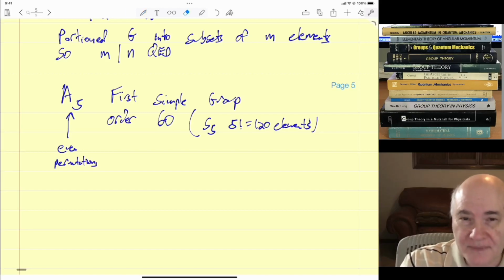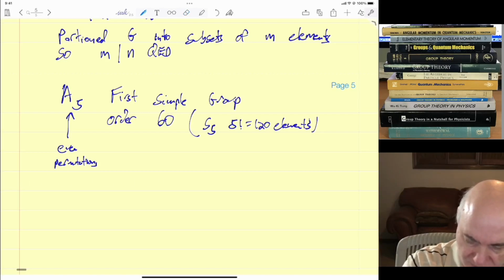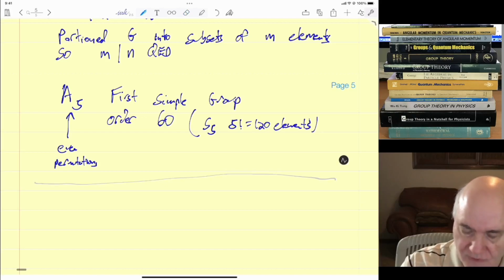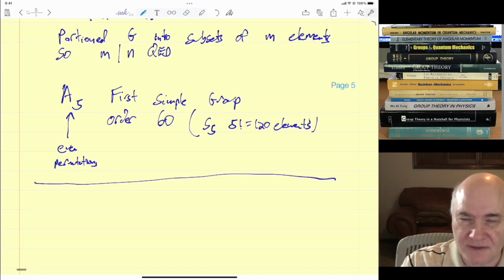And the great thing about A5 is that because A5 is simple, and what simple means is that it has no invariant subgroups. It does have subgroups, but it doesn't have invariant subgroups. And I don't want to define right now what an invariant subgroup is.